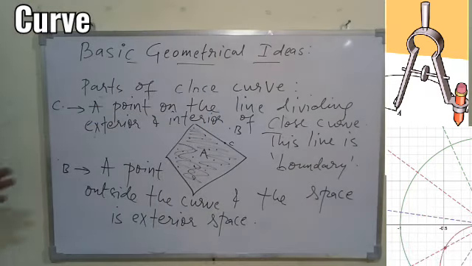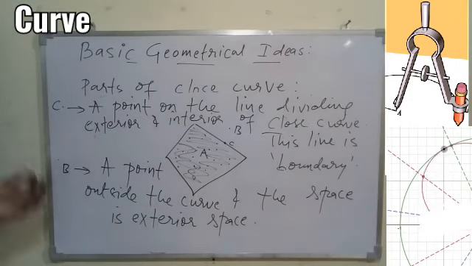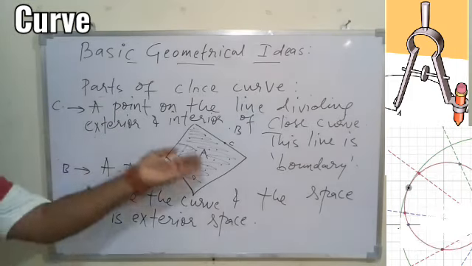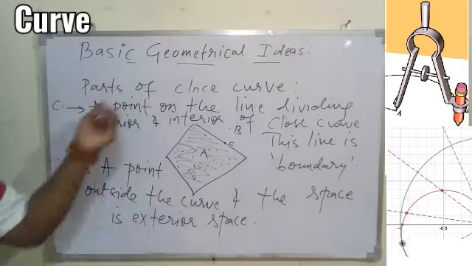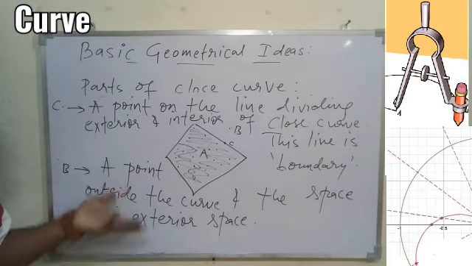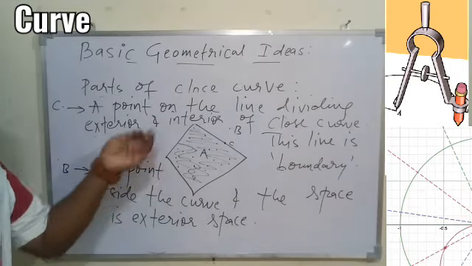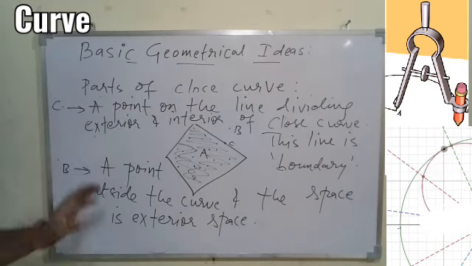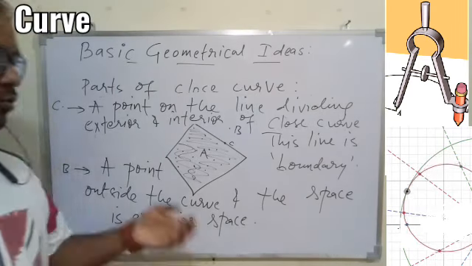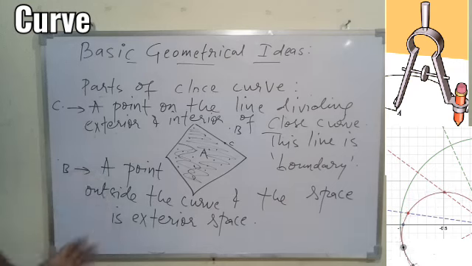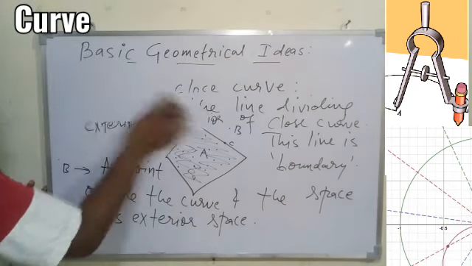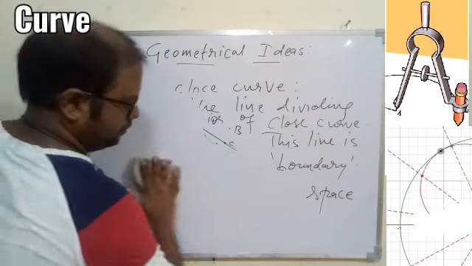Whenever we are talking about a closed curve, we'll have three different terms. One is the interior space, one is your exterior space or external space, and one is the line itself which is dividing the interior and exterior, and that line is called boundary. So we have interior, exterior and boundary that we need to understand here. I hope you will be able to differentiate the space given to you.